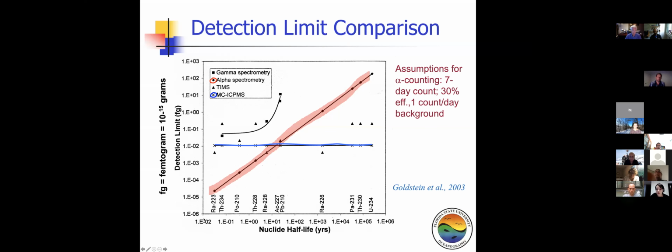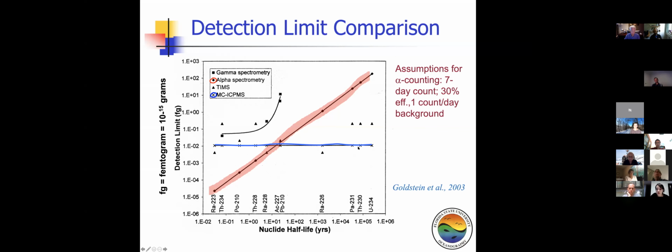So let's compare the detection limit for a multi-collector ICP MS, that's the blue line. That doesn't change because mass spectrometers measure mass directly, they measure atoms. Let's compare that to alpha spectrometry, which measures activity, not mass. And so this is on a sloping line. So if you're doing uranium, thorium, protactinium dating, you're much better off.